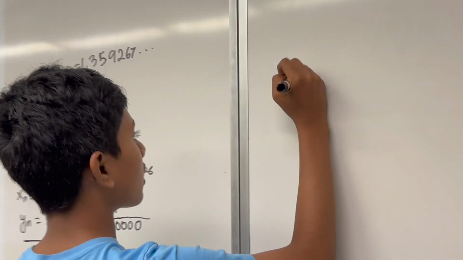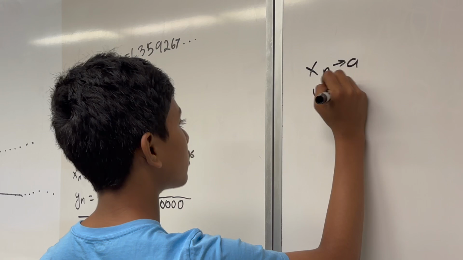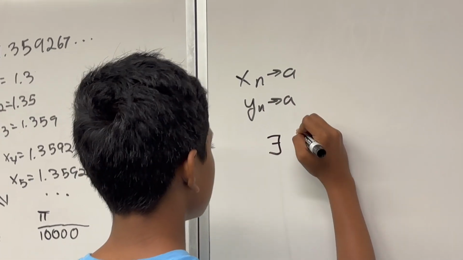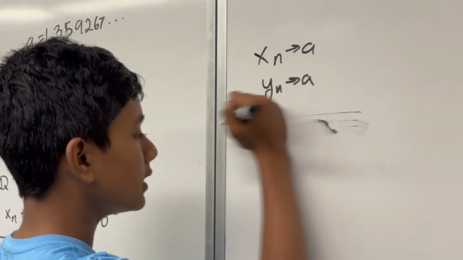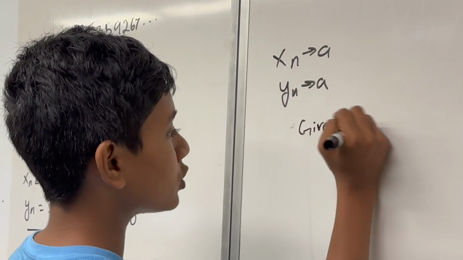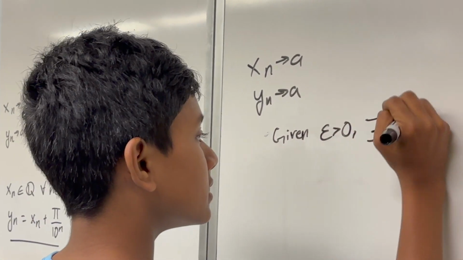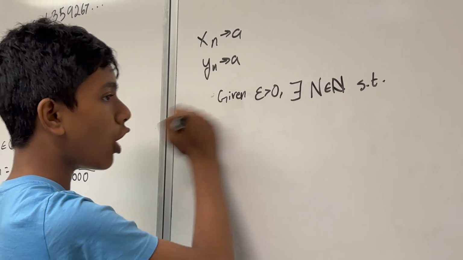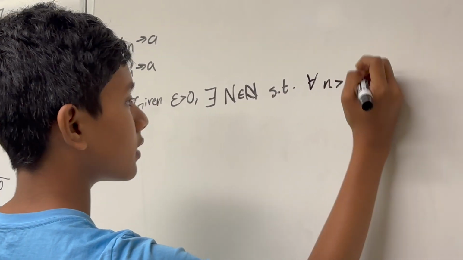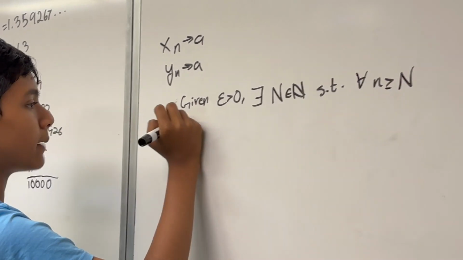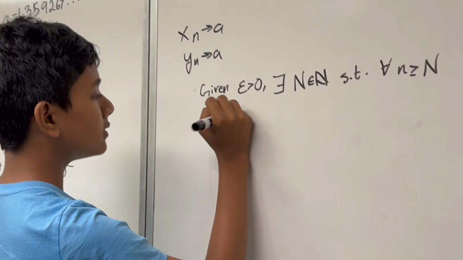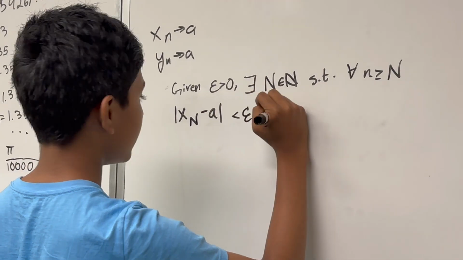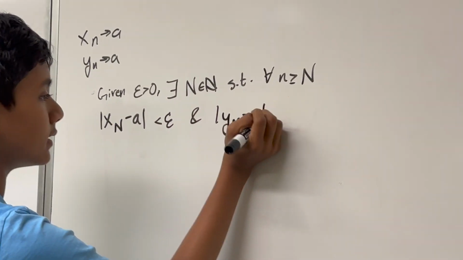So we've shown xn approaches A and yn approaches A. Because given any epsilon greater than 0, there is some natural N such that for all n greater than or equal to capital N, |xn minus A| is less than epsilon, and |yn minus A| is less than epsilon.